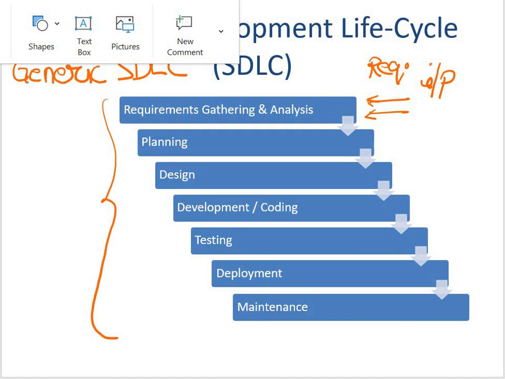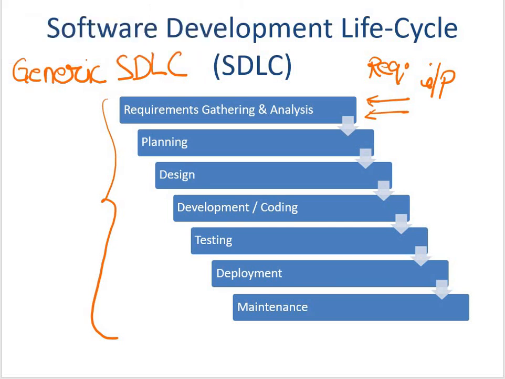And I'll try to identify the strengths and weaknesses of the current system, in order to improve the overall application. That's what the ultimate aim is. So this is a very crucial stage in your SDLC.